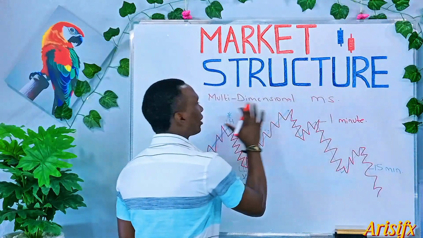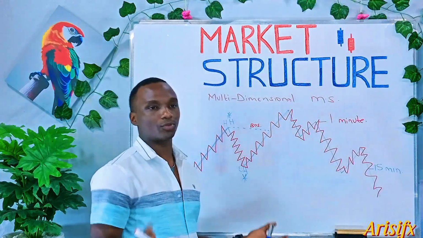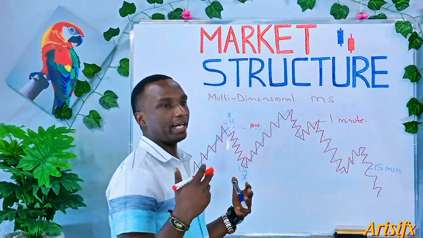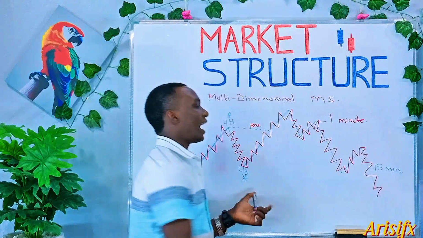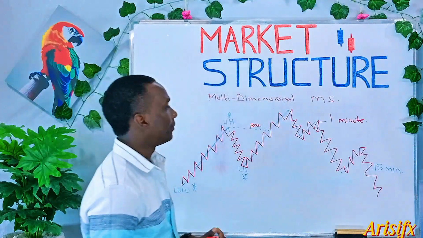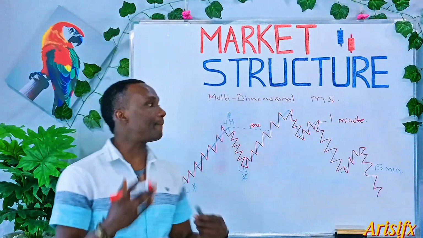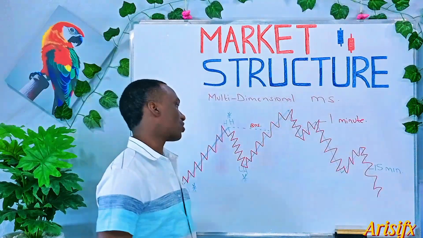So the multiple dimensional market structure is looking at various time frames, for example the 4 hour, 1 hour, and maybe the 15 minutes time frame, instead of just looking at either the 15 minutes time frame or the 1 minute time frame. If you do that, you will get a better understanding of the multiple dimension market structure.